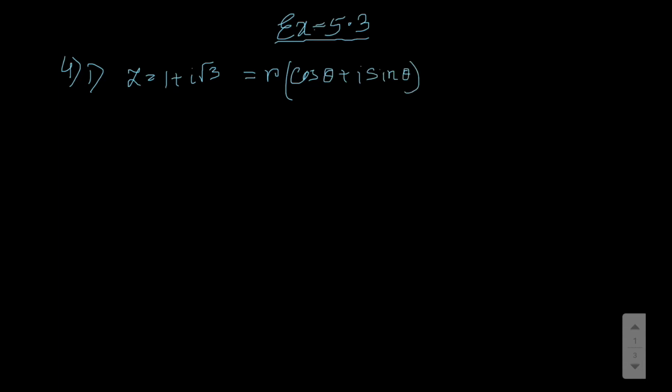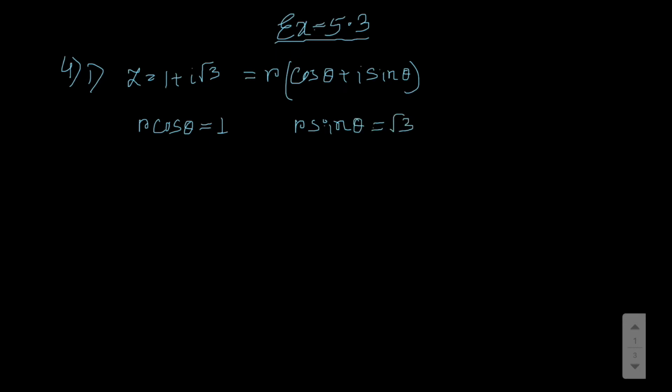Now you have to find out the value of r and theta and then just put down the value in place of r and in the place of theta. So now by comparing both sides, as here 1, so that means here r cos theta equal to 1, and here also r sin theta equal to root 3.